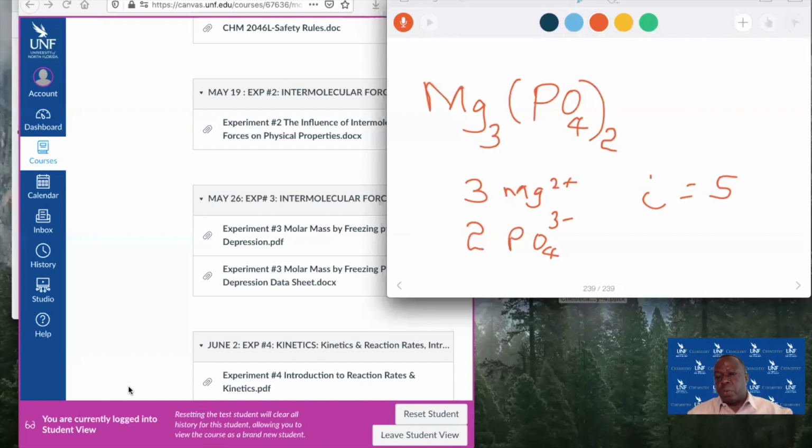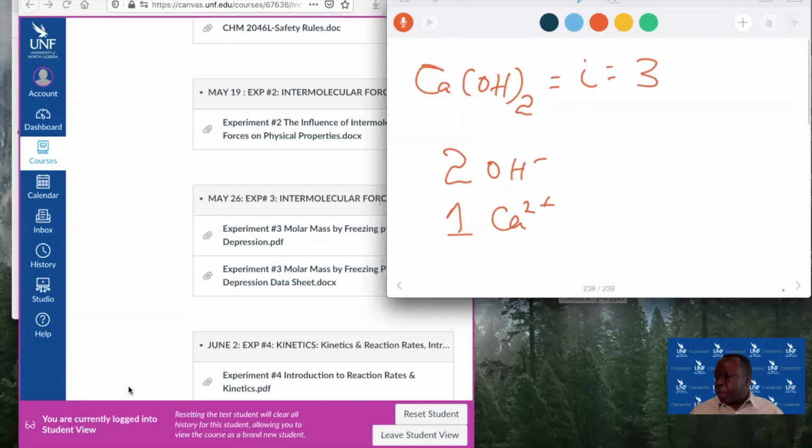So you should know how many particles you will have, and this is for electrolytes. These are for strong electrolytes. It's basically ionic compounds where you have either a metal and a non-metal, or a metal and a polyatomic ion.